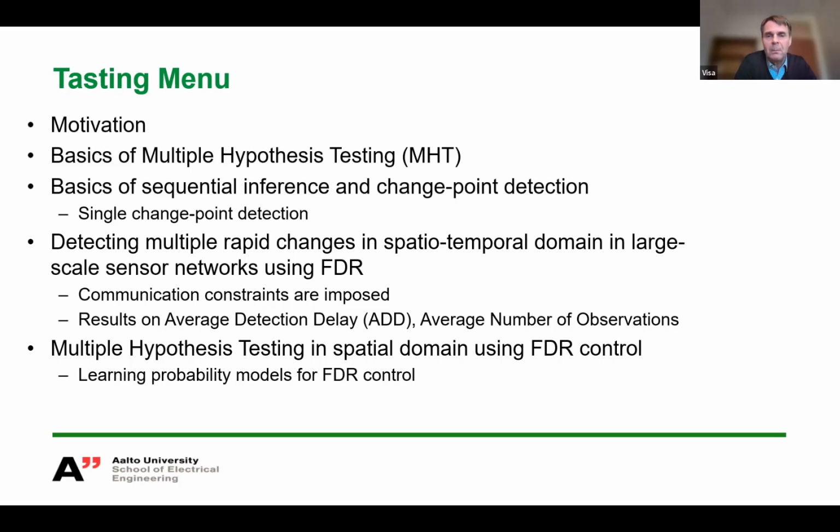Since we are dealing with really large-scale problems that are connected to a cloud or fusion center by wireless connections, we need to also consider communication constraints for such problems.